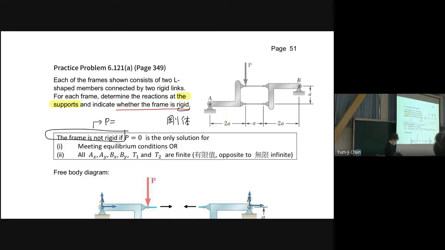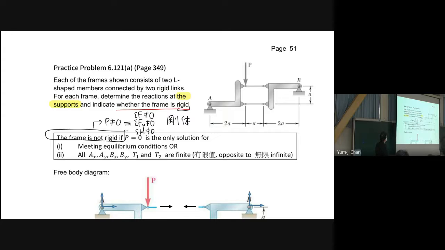If P does not equal 0, it means summation Fy, or summation Fx does not equal 0, or summation M does not equal 0.